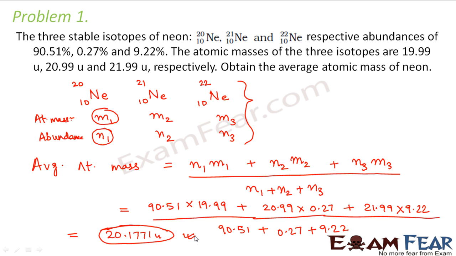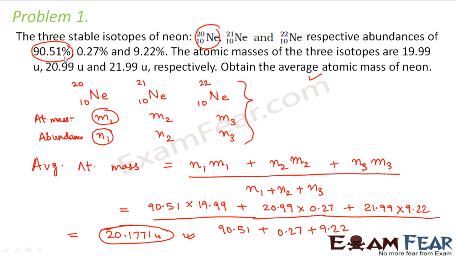So here you had these abundances, the percentage in which each of them is present. It is present in 90.51%, so that means 90.51% of its mass contributes to the average mass.